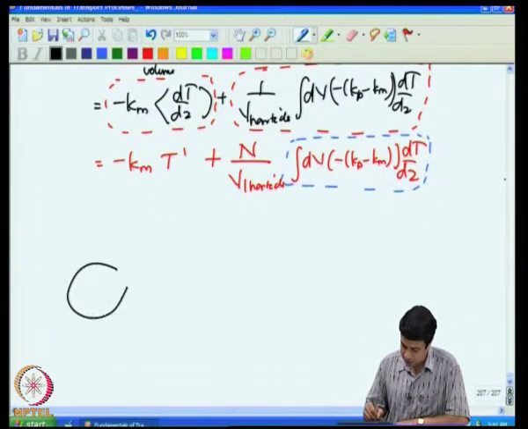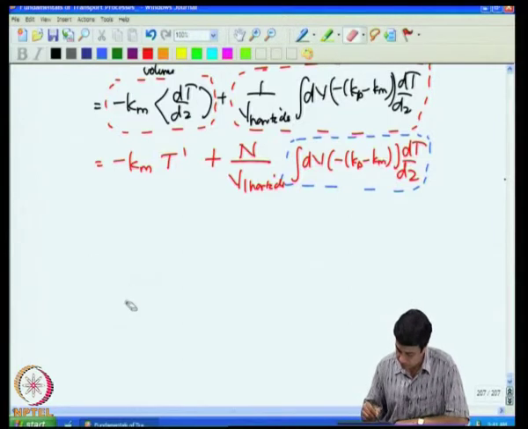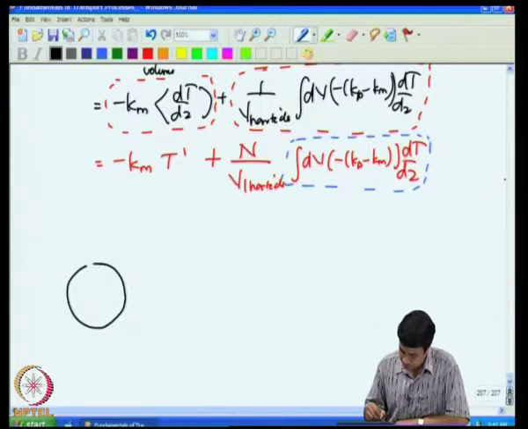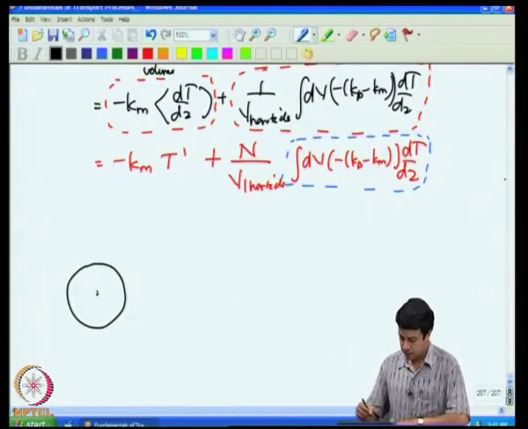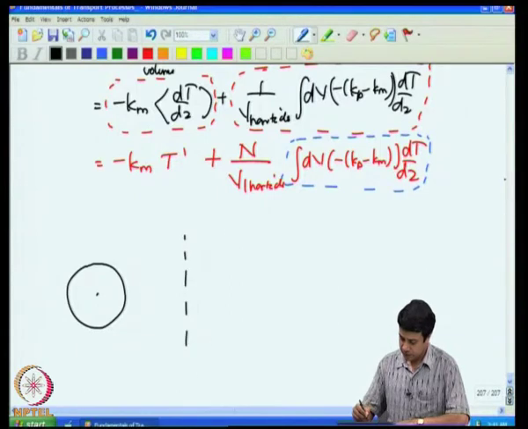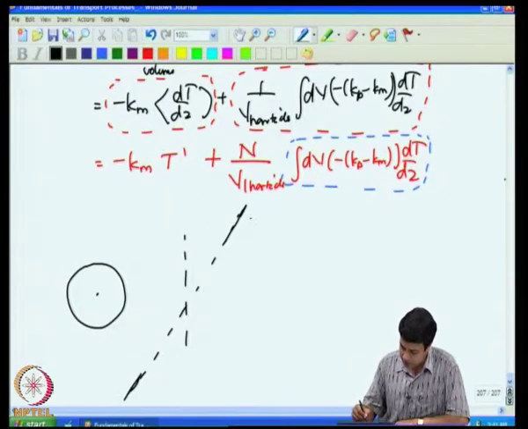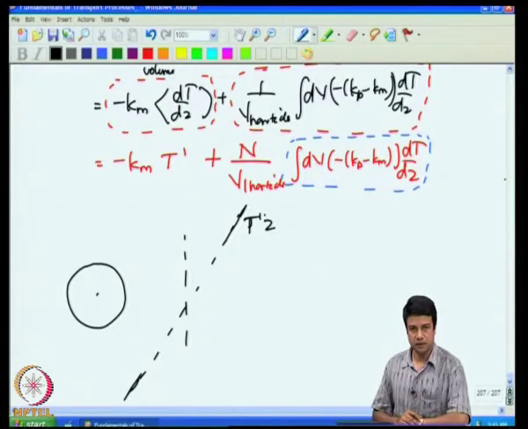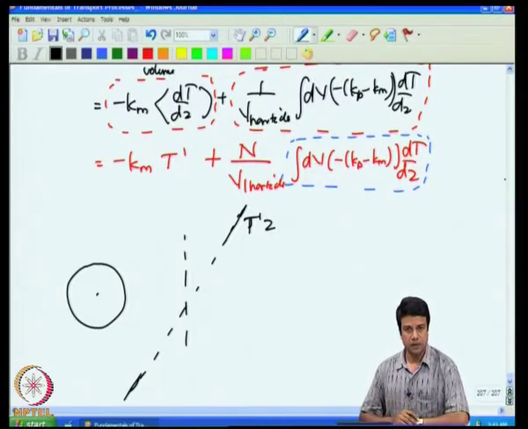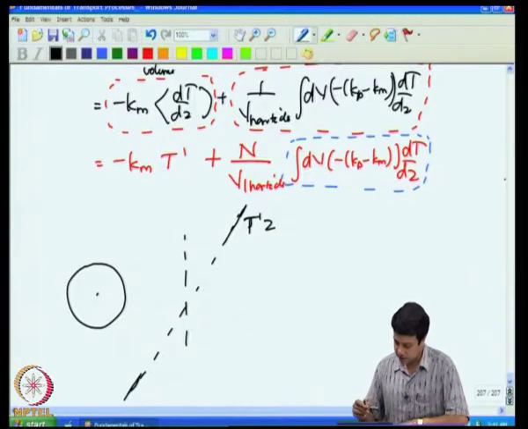I have a particle, draw it better. Okay. And I have a temperature field, which far away goes as T prime times z. It is a linear temperature field far away from the particle. Of course, there is some disturbance.